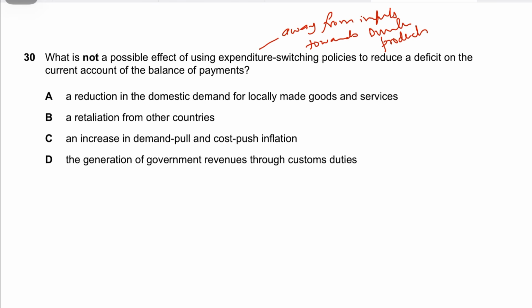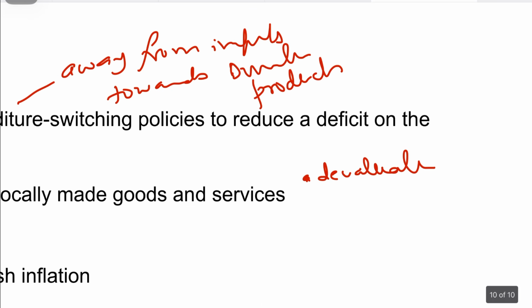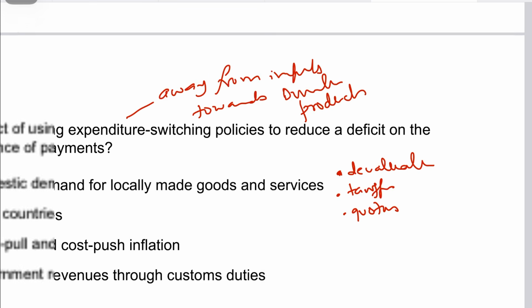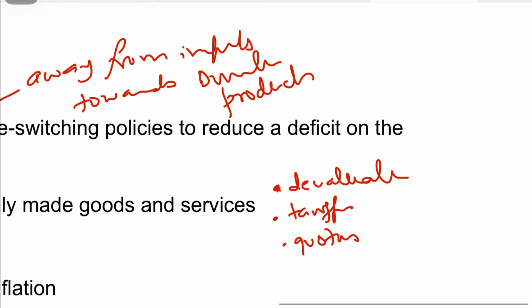What are the different examples of expenditure switching policies? Number one, devaluation. Number two, currency depreciation. By the way, depreciation happens automatically, but let's leave it at devaluation. Tariffs or quotas are also expenditure switching policies. They usually use the word devaluation and depreciation interchangeably in MCQs as well.